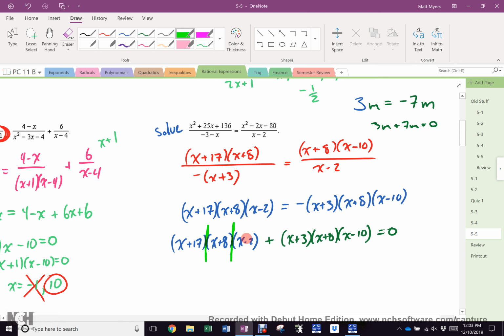So aren't these all factors? What math is happening there and there? So aren't those all factors? Is there a common factor? x plus 8 times x plus 17 times x minus 2, yes?